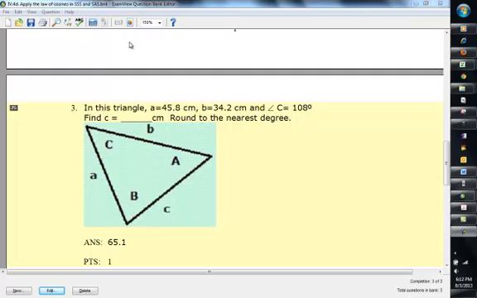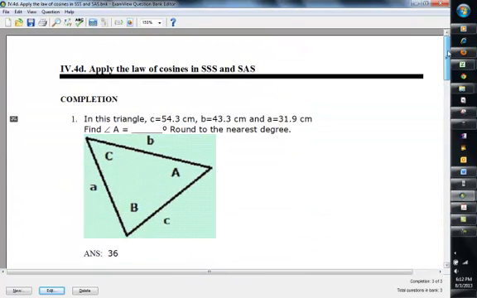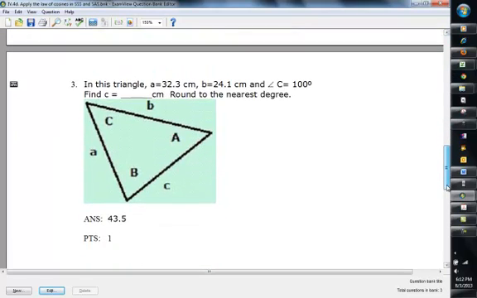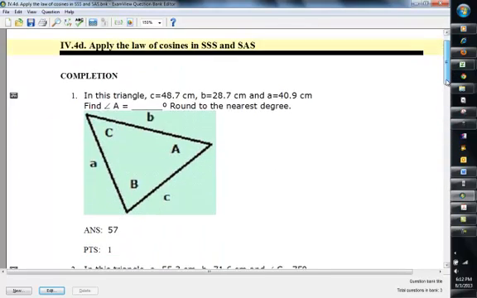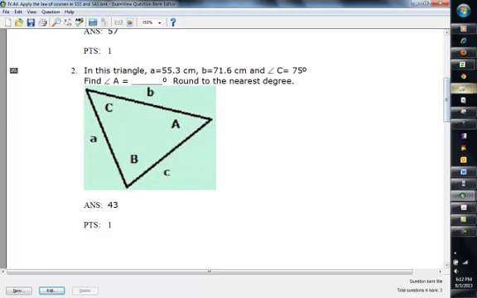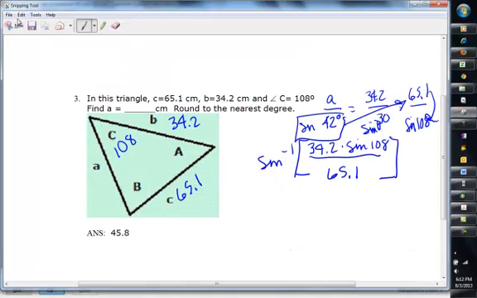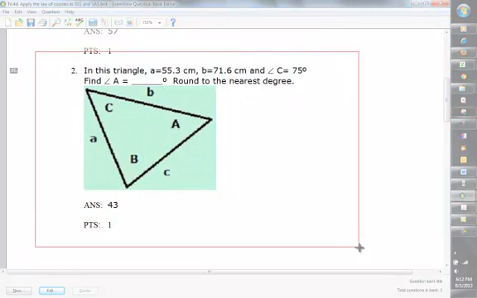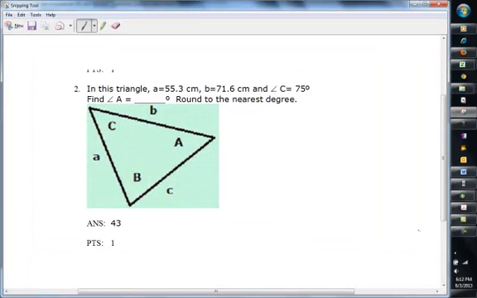There's two more triangles that you might want to learn how to use the law of cosines for. Let's look at them here. Okay, so we've got A is 55.3, B is 71.6, and angle C is 75 degrees.